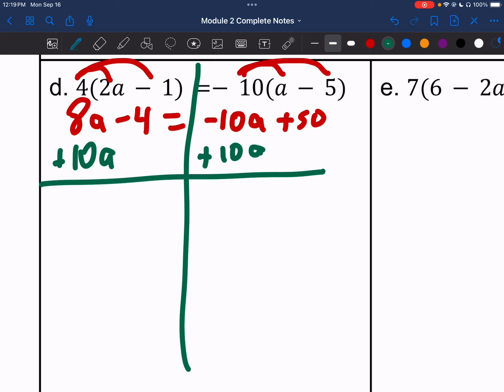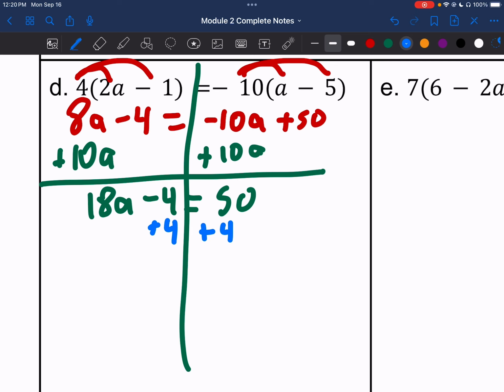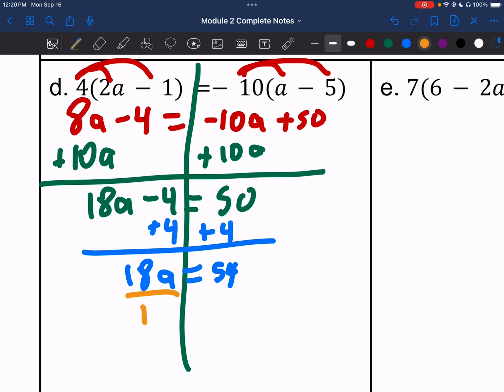And I get 18a minus 4 is equal to 50. Add 4 to both sides, and we get 18a is equal to 54, which when we divide by 18 on both sides will give us that a is equal to 3.